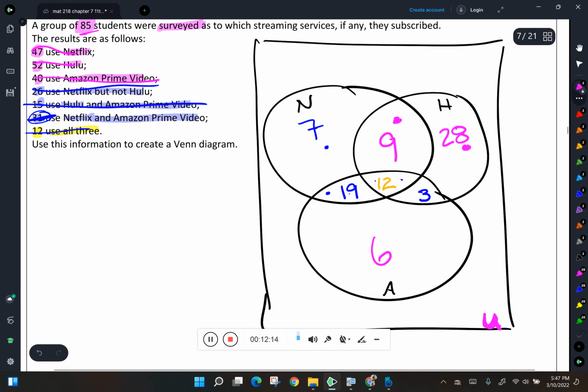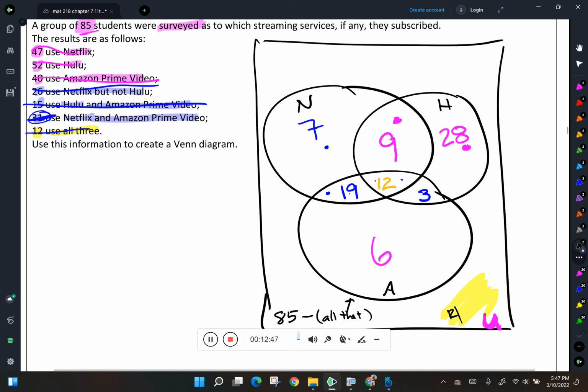Almost. I don't have my universe yet. I don't have this out here. So how am I going to find that yellow, that outside piece, region 1 as it was traditionally labeled earlier, this region 1? In order to find that, I'm going to have to take my entire universe of 85 and then subtract off all of that up there.